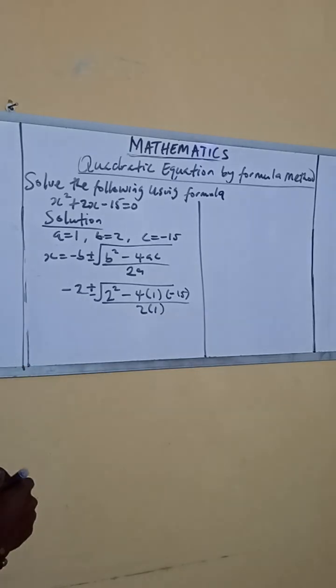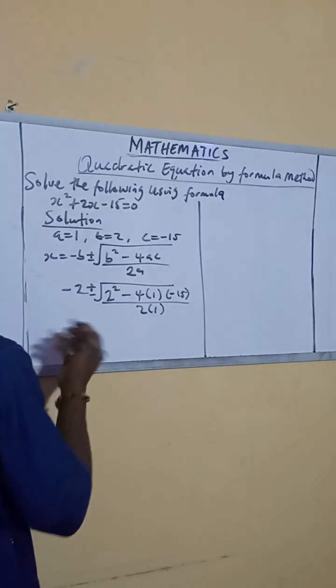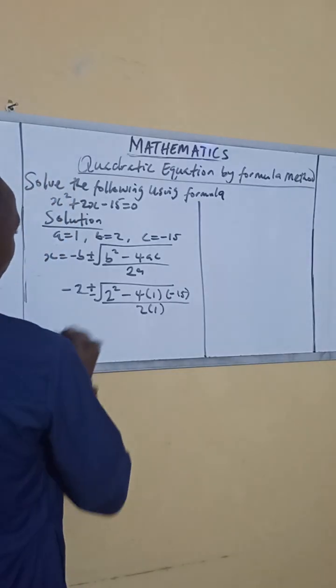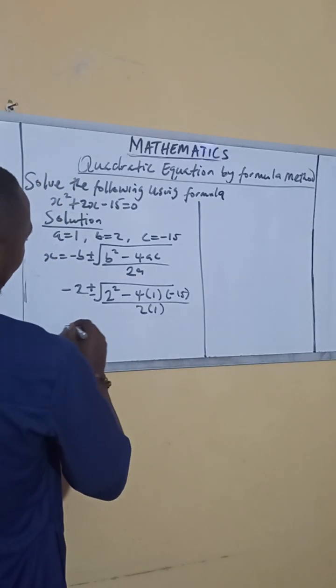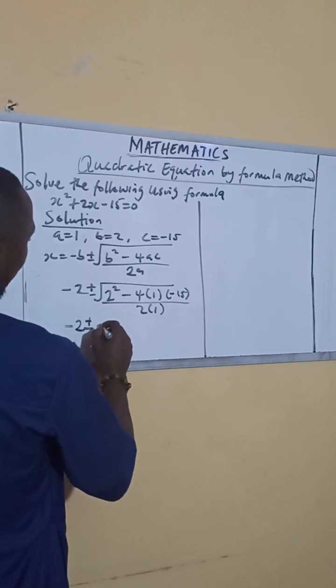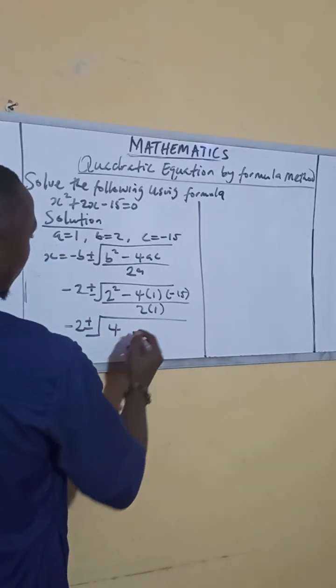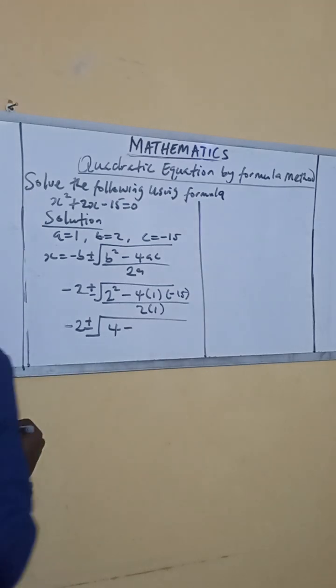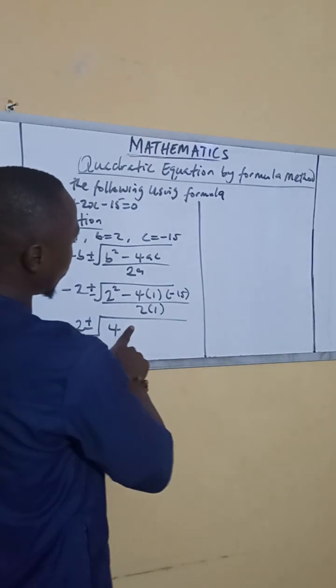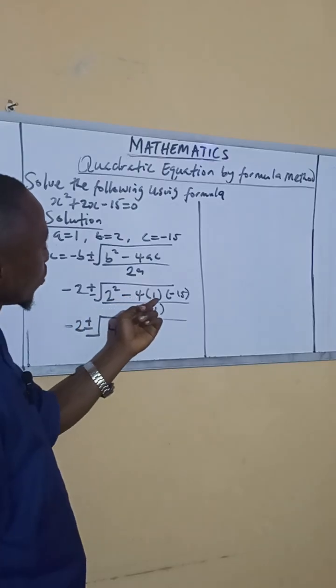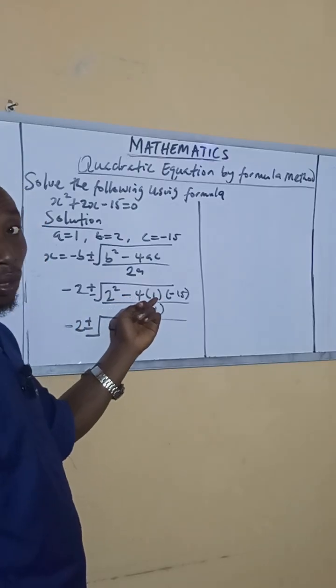Now let's open up what we have there. You can see minus 2 plus or minus the square root of 2 squared, which gives us 4. Now, in this case, we don't need to write this first. If you look at this, this is minus 4, and minus 4 times this, which is positive, gives us minus 4 again.